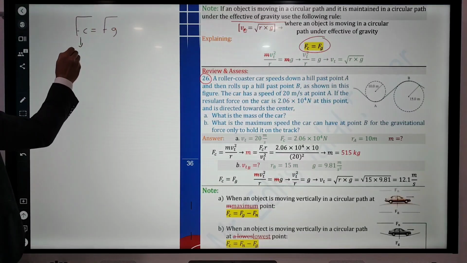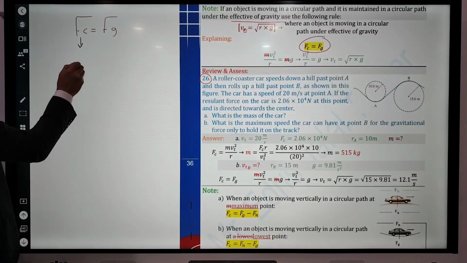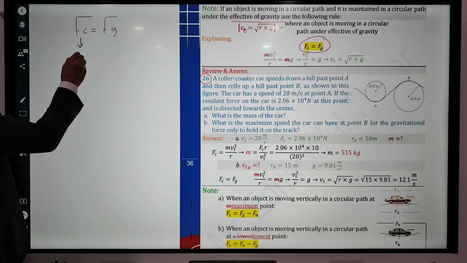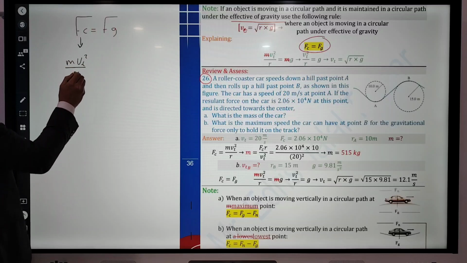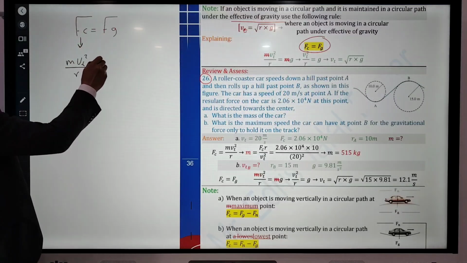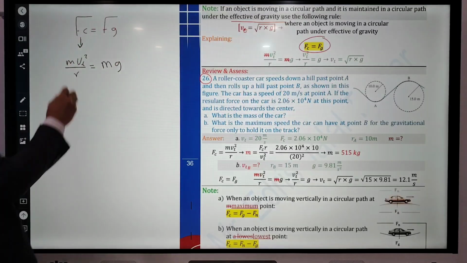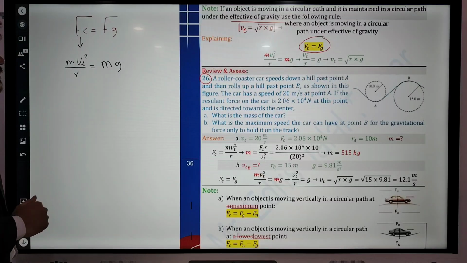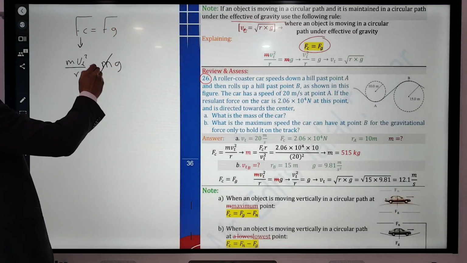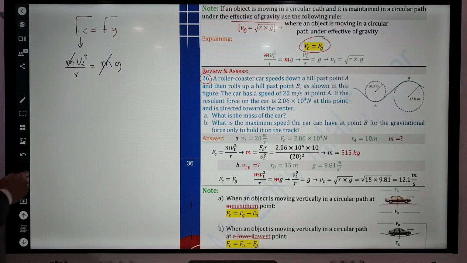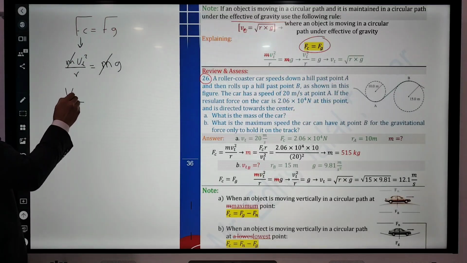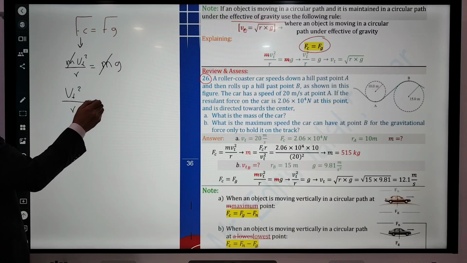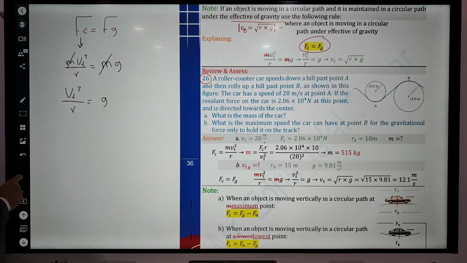In that case, Fc is equal to what? We studied Fc equals m Vt squared over r. Fg, the gravitational force, equals mass times gravity, or free fall acceleration. So these two masses cancel each other. What remains? Vt squared over r is equal to g.